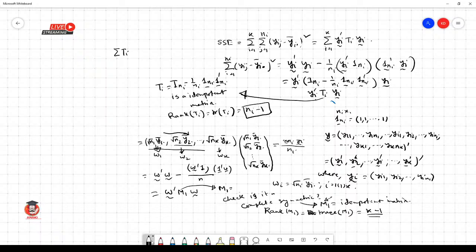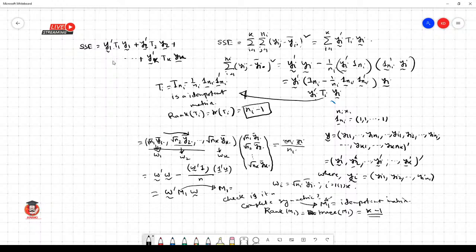So now SSE is equal to y1 curl prime T1 y1 curl plus y2 curl prime T2 y2 curl, up to yk curl prime Tk yk curl.